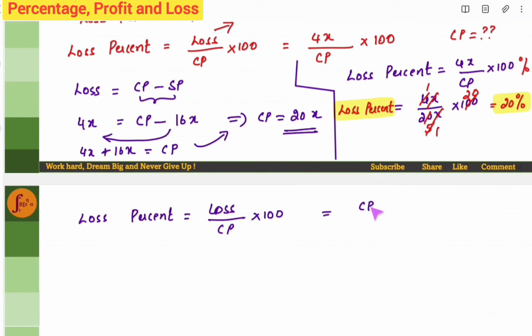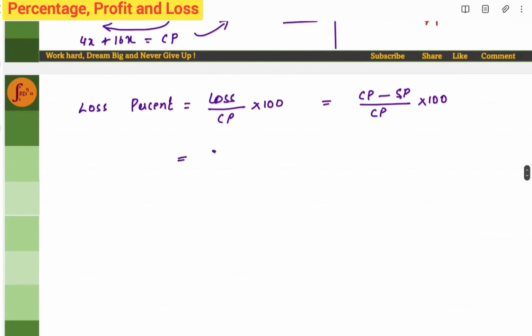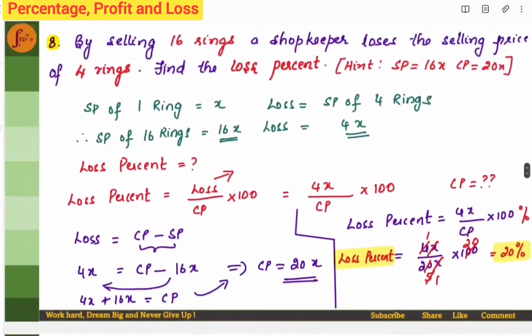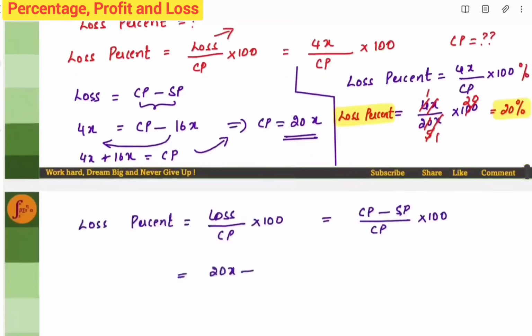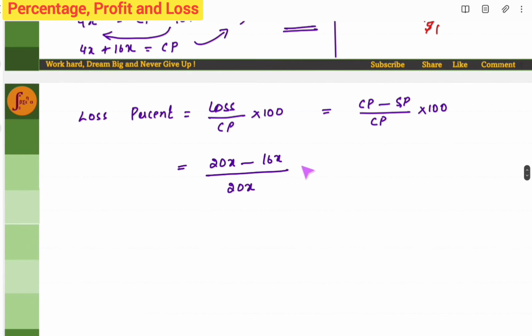Loss is nothing but cost price minus selling price by cost price into 100. Correct? Now, cost price they've told to use as 20X. So I'll put 20X. And selling price is 16X. 16X by 20X into 100 and percent symbol.